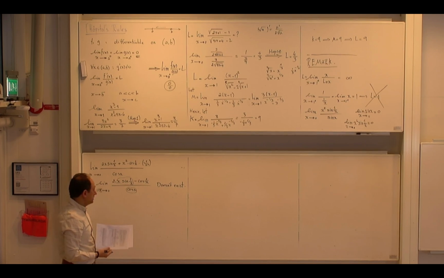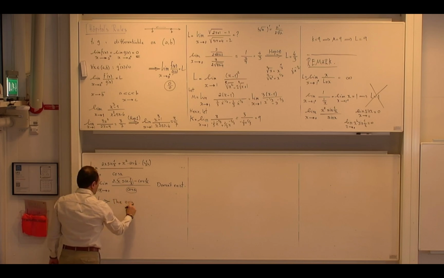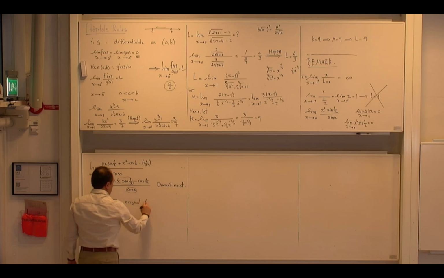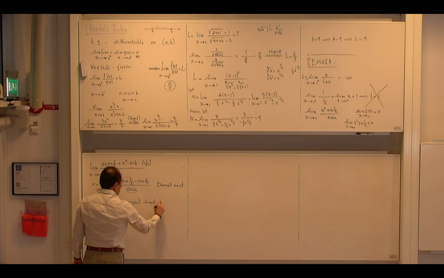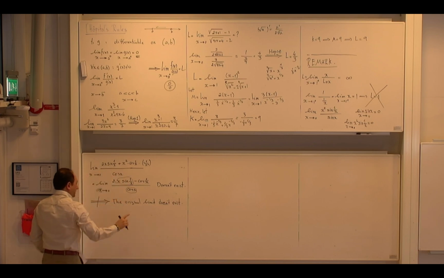So you cannot conclude that the original limit does not exist. If you are lucky and the limit of the L'Hopital fraction exists, whatever it is, you can go backward and conclude your original limit is the same.